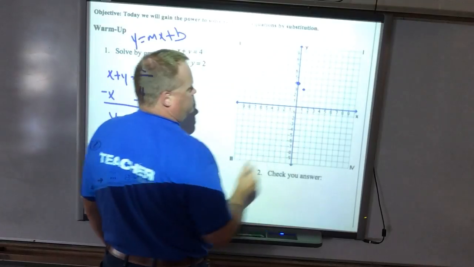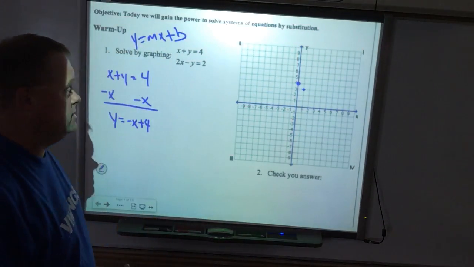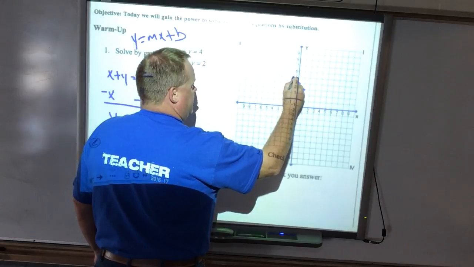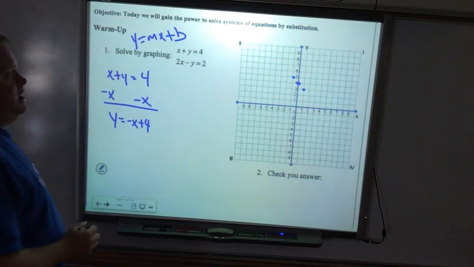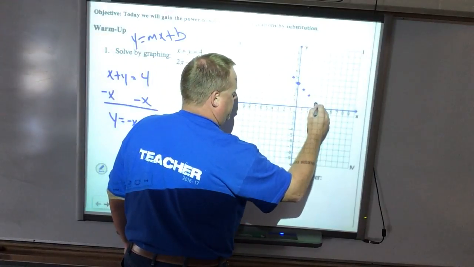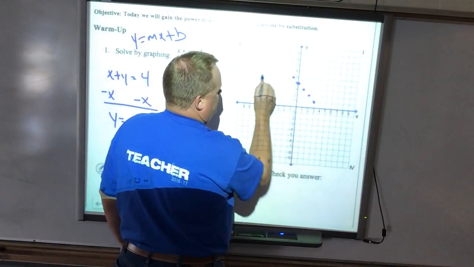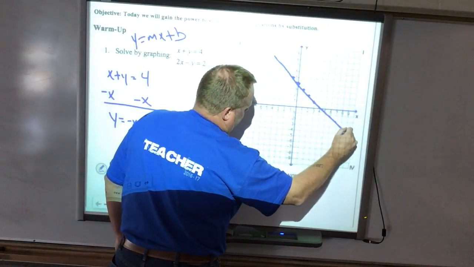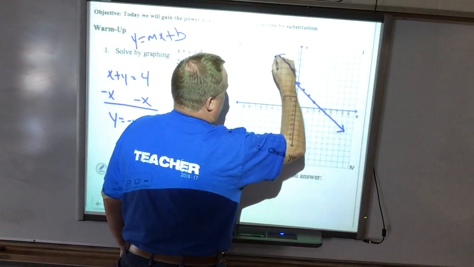Remember, a negative slope is going to go down and to the right. I could go ahead and plot another point. I could go up and to the left. That is a negative movement as well. And I can do a couple of those. Down and to the right, down and to the right. I probably have enough to graph. Draw my straight line, and away I go.